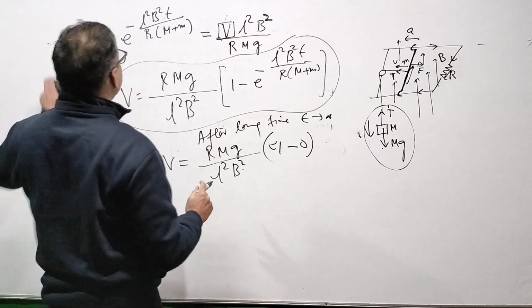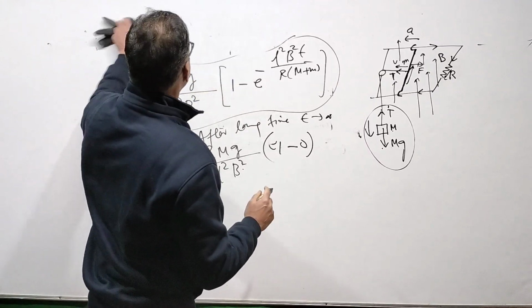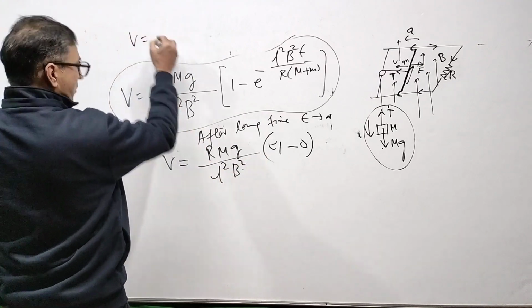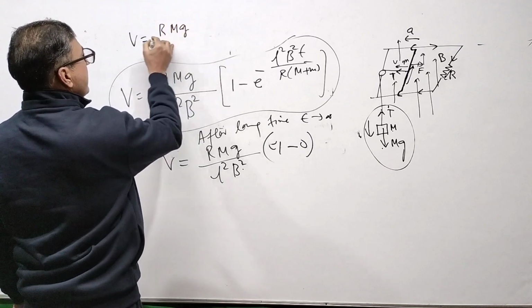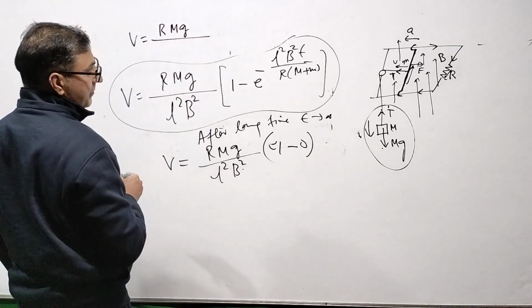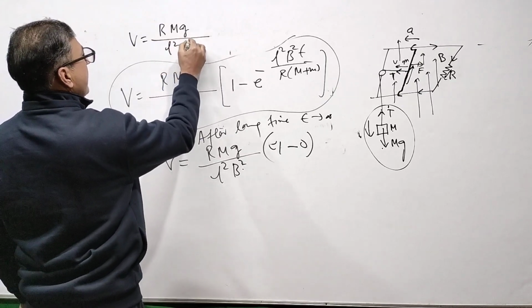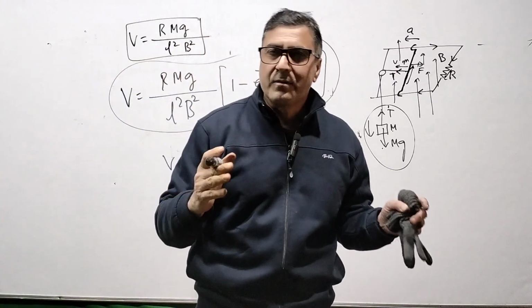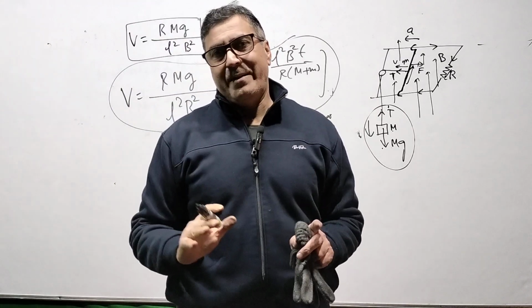So you get the velocity finally, after a long time, V is equal to R mg divided by L square B square. That is the answer for the slider velocity after a sufficiently longer period of time.